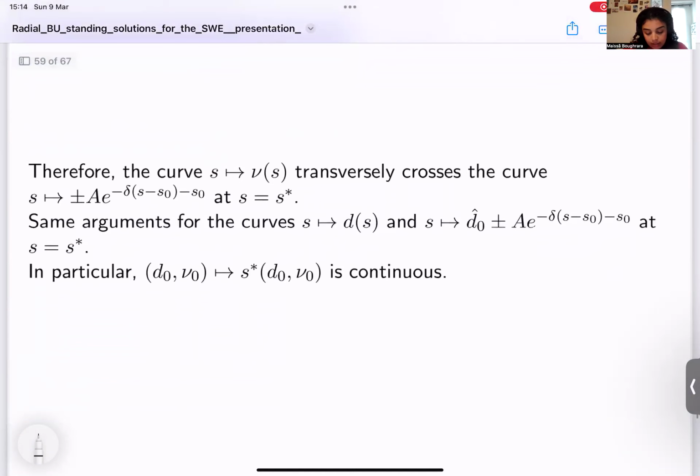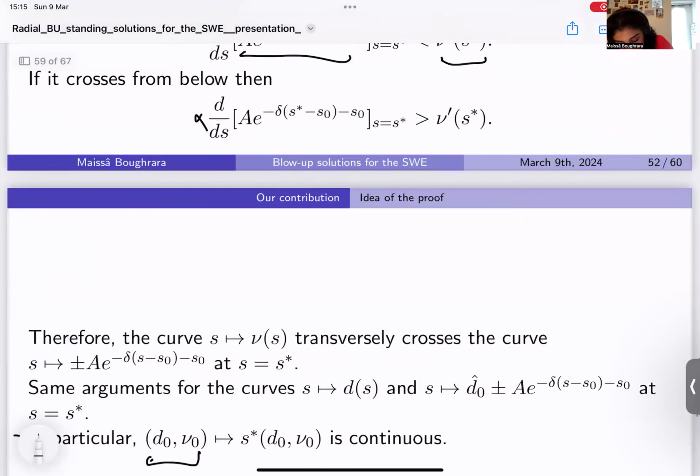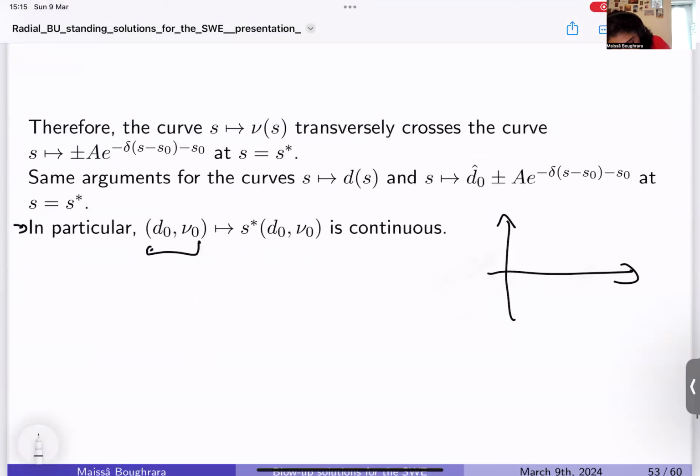From this property we can show that the application that takes the initial values of our parameters, let's take, for example, d0 here and mu0 here, to the exit time S star, is actually continuous.